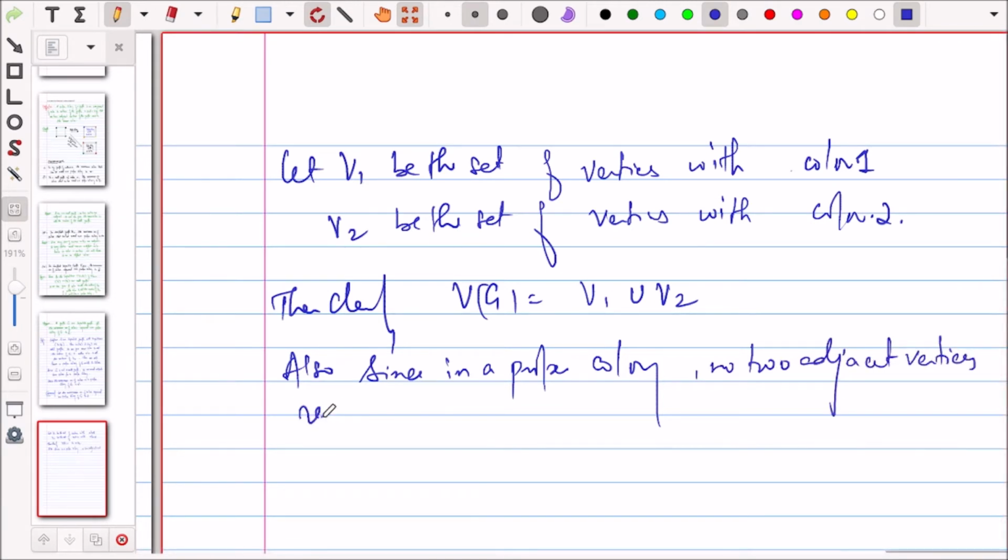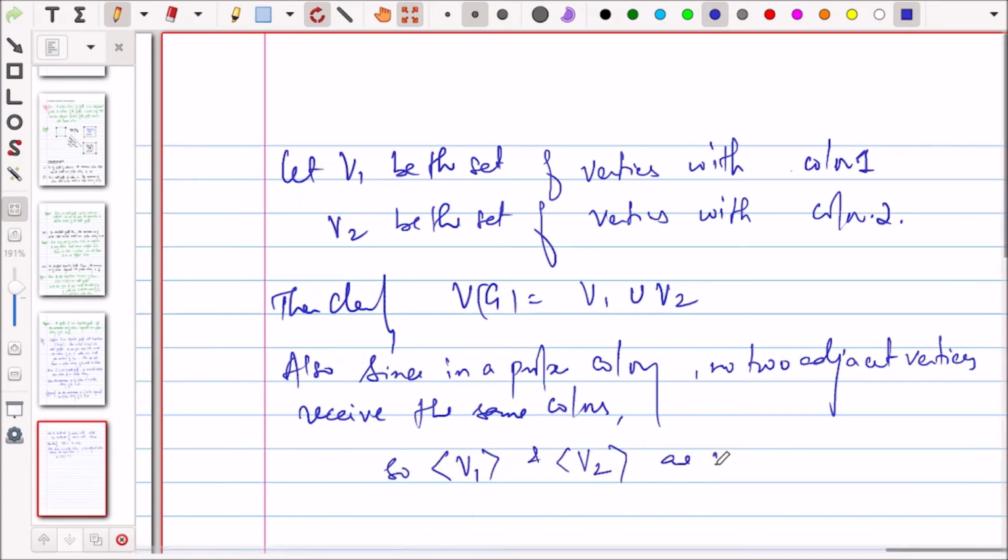Also, since in a proper coloring no two adjacent vertices receive the same color, V1 and V2 are null graphs, right? क्योंकि कोई भी adjacent vertices रिसीव नहीं करता सेम कलर, और V1 में सारे vertices हैं with same color और V2 में भी सारे vertices हैं with same color, so they have to be null graphs.